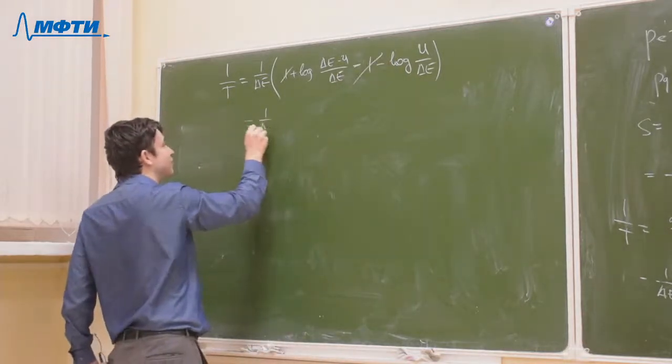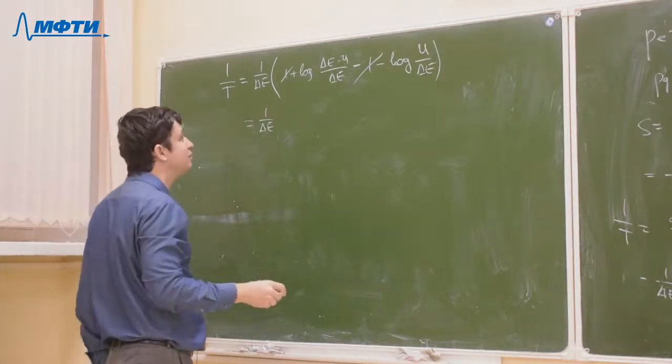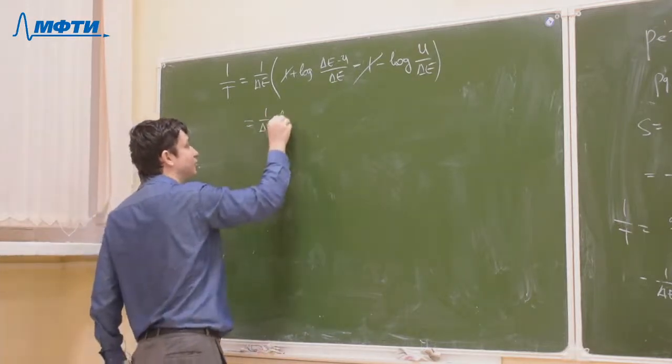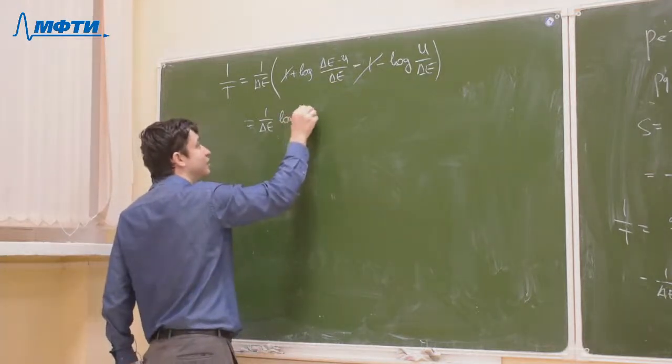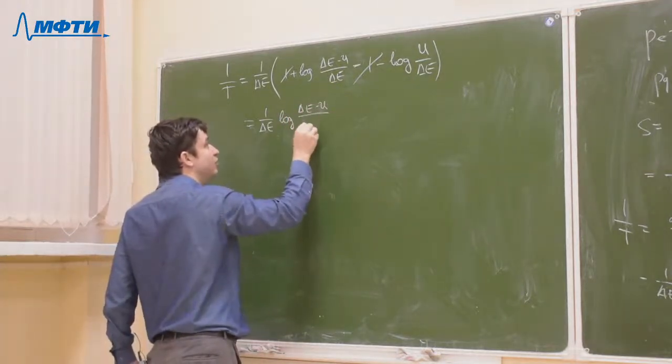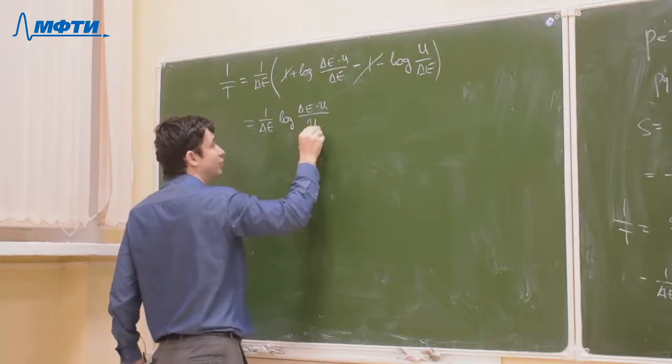And finally, we have 1 over delta E natural log of (delta E minus U over U).